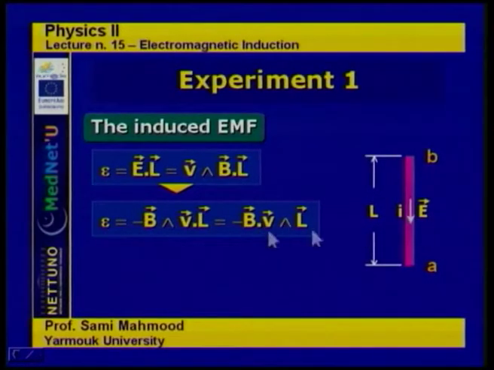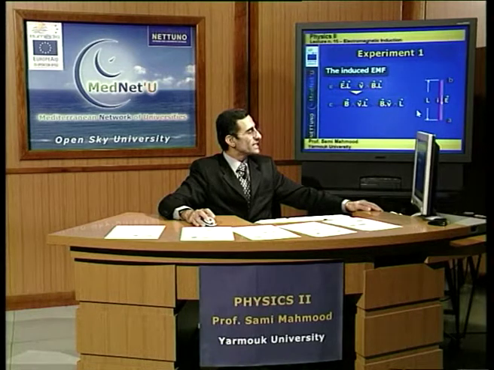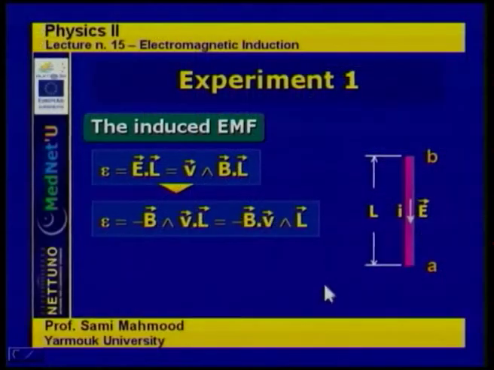And if we consider the direction of motion of the wire to be the x direction, then V is simply dx by dt. And we notice that L, the length of the wire, times dx is the area that is covered by time dt.